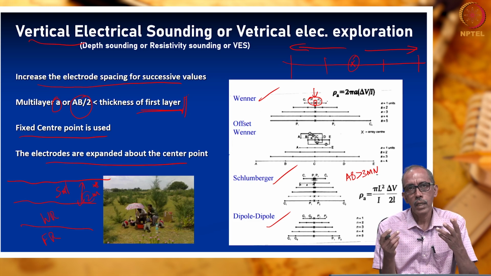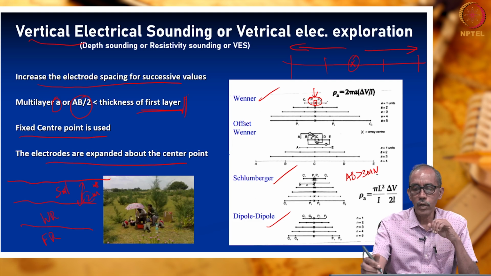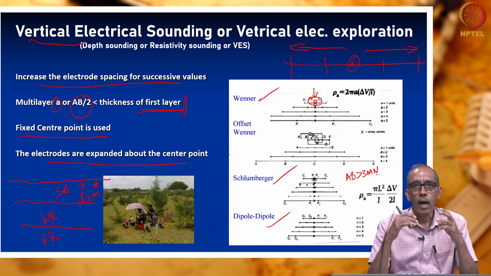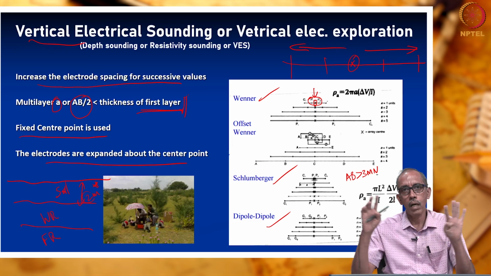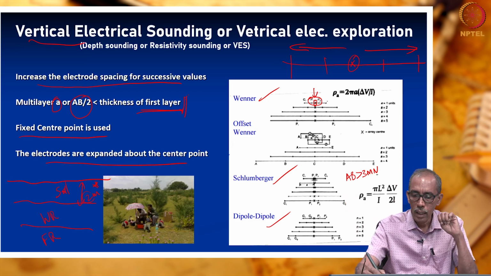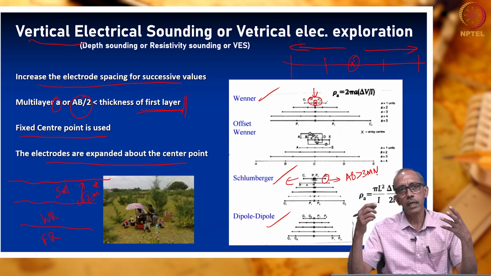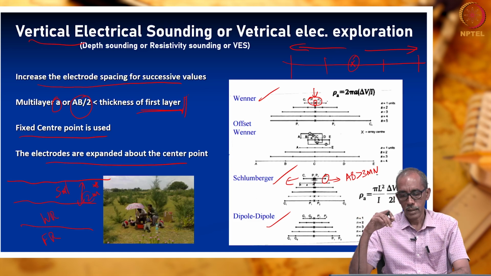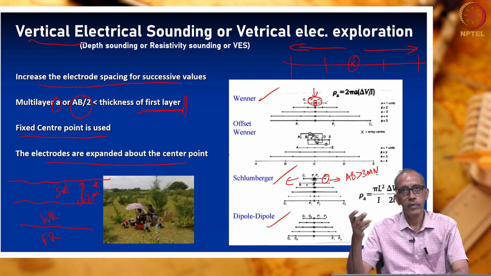Because there is no need to frequently move the potential electrodes. Suppose you are using Wenner method, we always need to shift all 4 electrodes. If you are using Schlumberger method for sounding, it is preferable to just shift the current electrodes on either side. Potential electrodes need not be disturbed often. Okay. So, this is how vertical electrical sounding is carried out in the field.